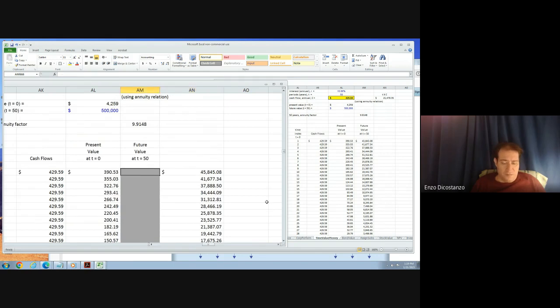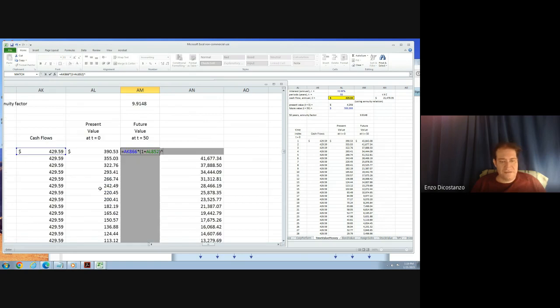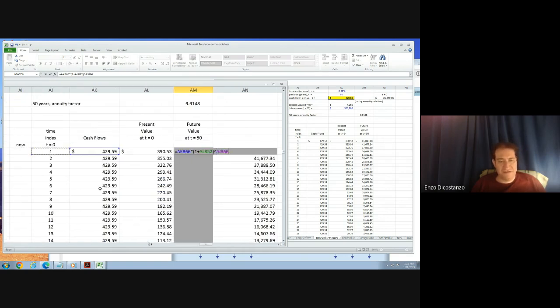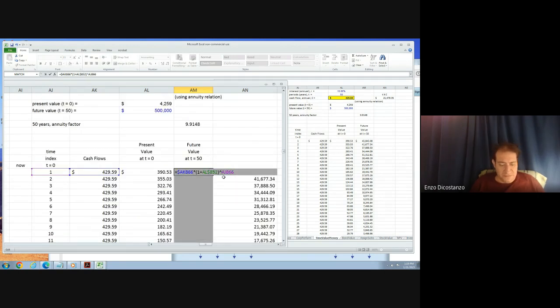Or you can take all of these, and this is going to be based on the year. So this is going to be that column. This will be that row. This will be the column here.